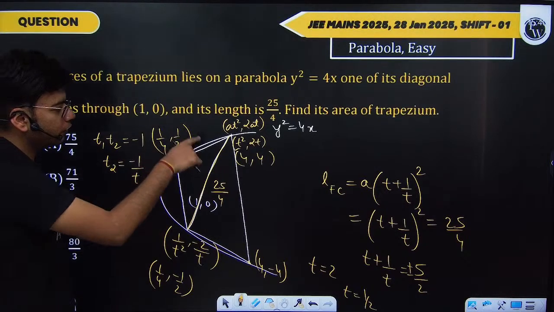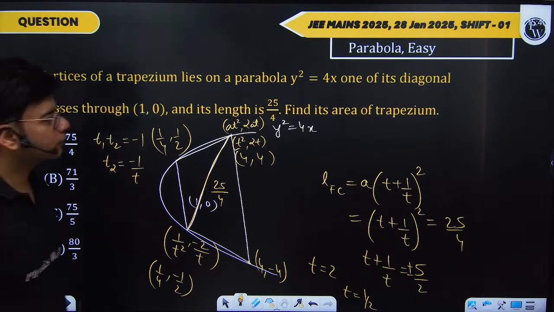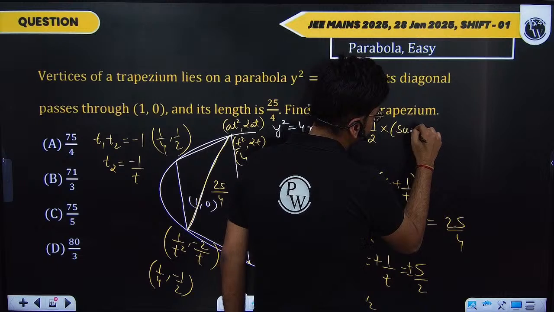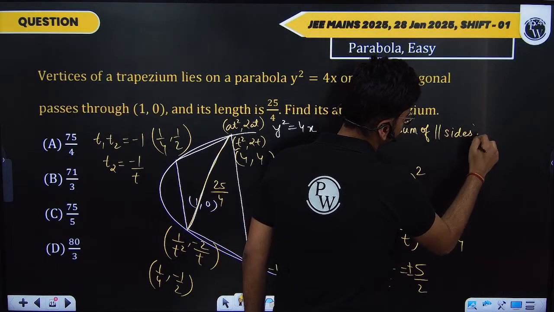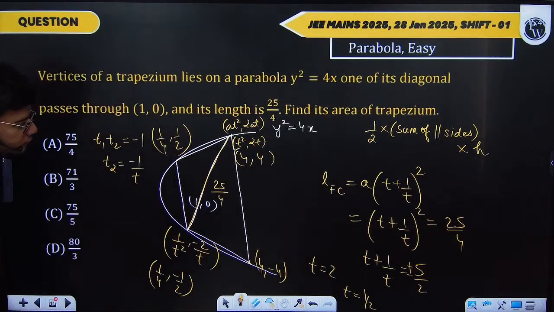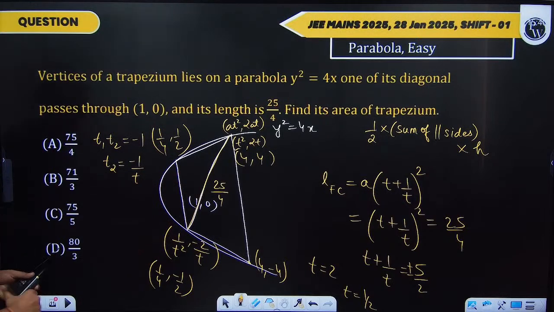Now you have all four vertices. You can calculate the area of the trapezium. What is the area of a trapezium? Half into the sum of parallel sides into the distance between them, or height. What will be this distance? Half minus minus half, so this side length is 1.